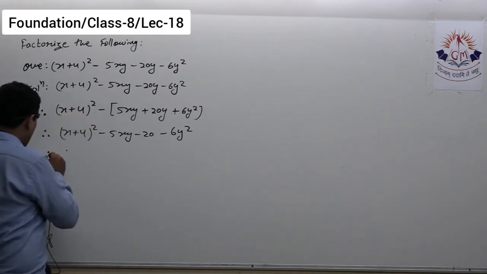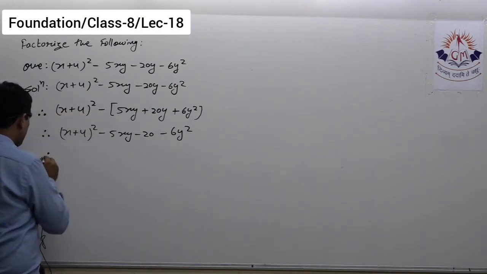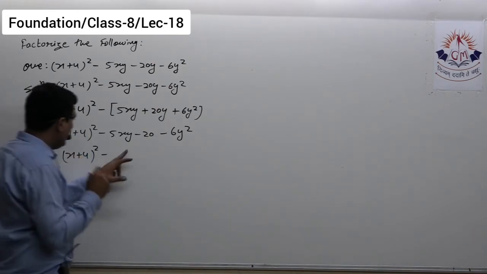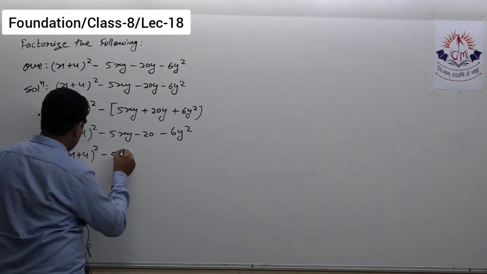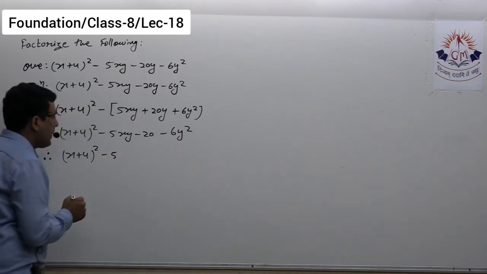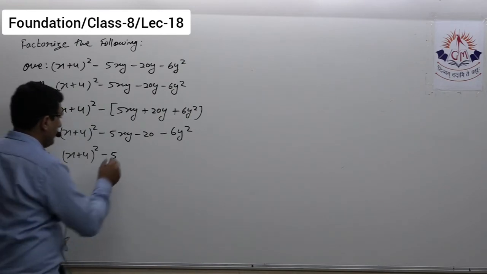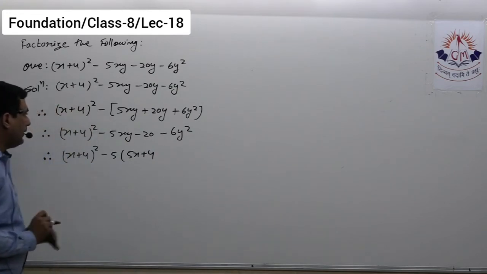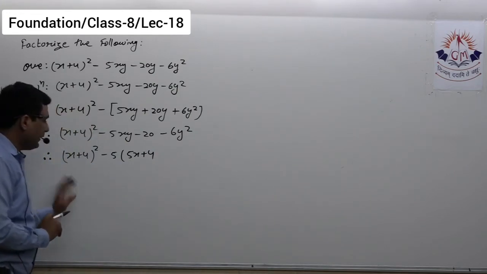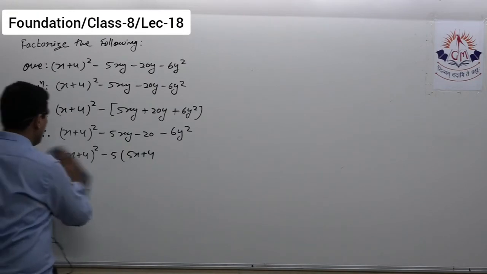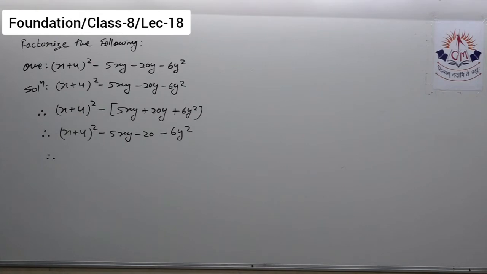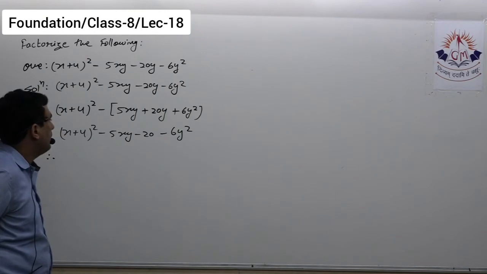So here I have x plus 4 whole square minus, from these two I can take minus 5 common, so I will get 5x plus 4. That is again not going to fit any identity.